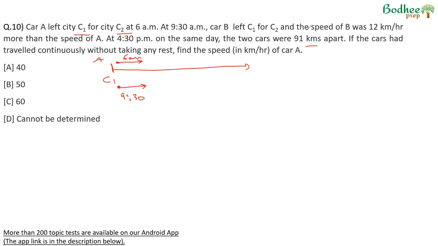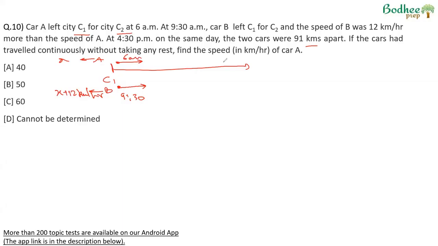The speed of B was 12 kilometers per hour more. So if the speed of car A is x kilometers per hour, that of B is x plus 12 kilometers per hour. Since we're looking at a time of 4:30, A by then would have traveled from 6 a.m. to 4:30, which is 10.5 hours.